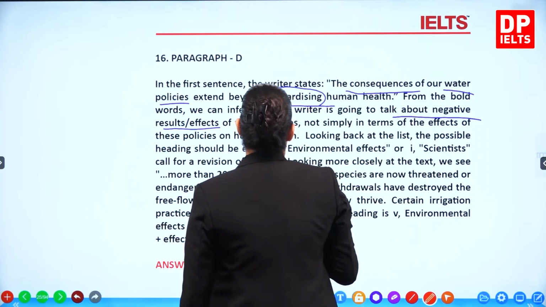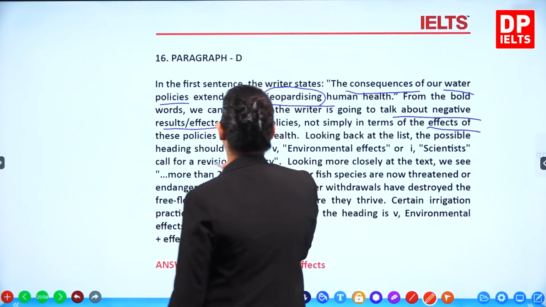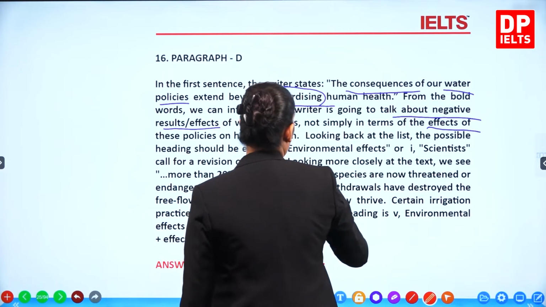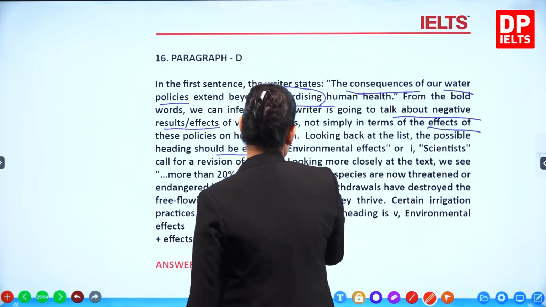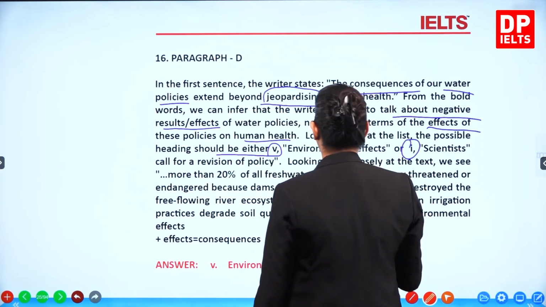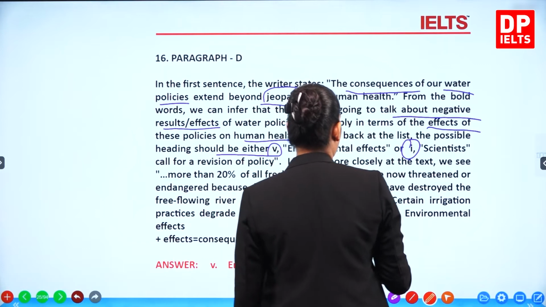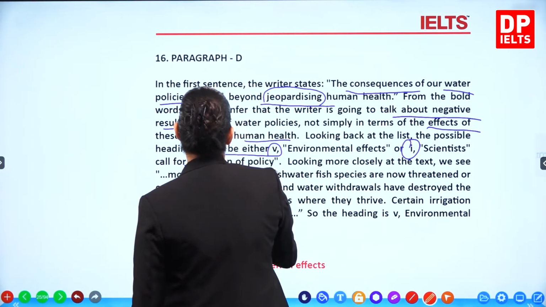Right? Not simply in terms of the effects of these policies on human health. Looking back at the list, the possible heading should be either 5 or 1. Okay? Because 5 talks about the environmental effects, 1 talks about scientists' call for a revision of policy.